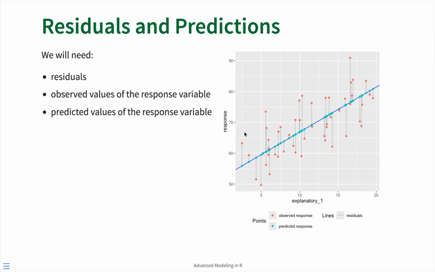Whereas the predicted response values are the y values of the blue points, i.e., if we were to take the same value of the explanatory variable on the x-axis and look at where the linear model blue line is predicting the point should fall, that is the predicted value of the response variable. We also have the difference between those two numbers, illustrated by these vertical gray lines here, which is the residual, the difference between the observed and predicted values of the response variable.